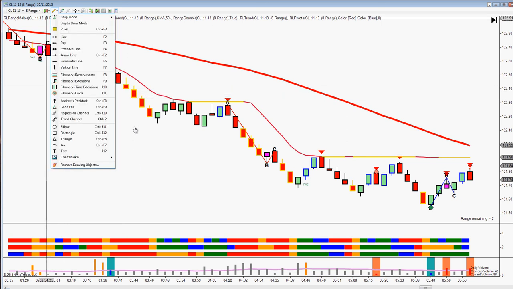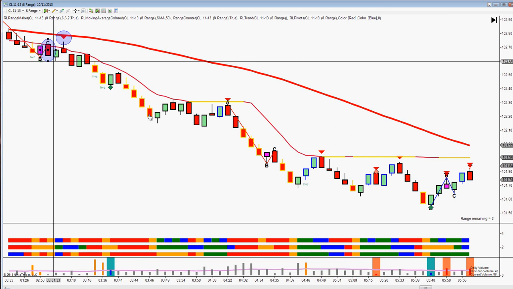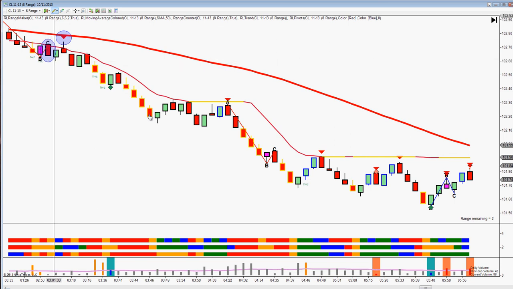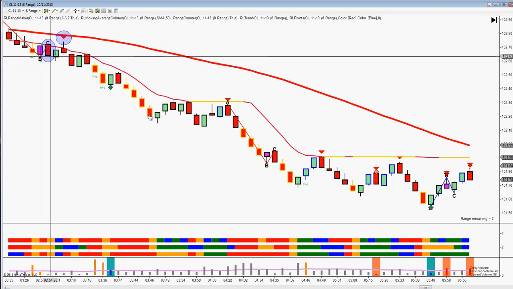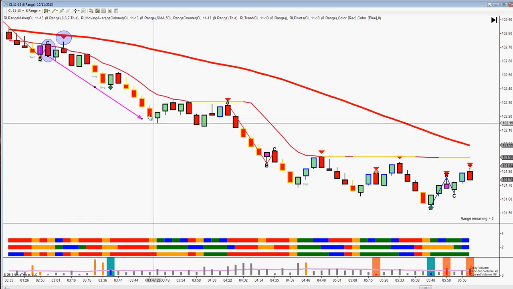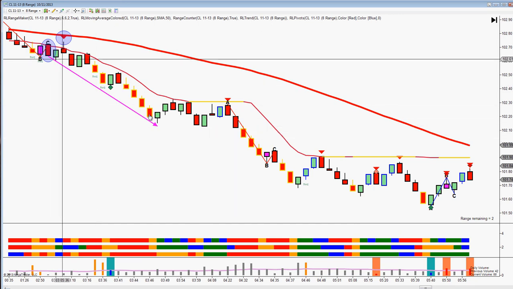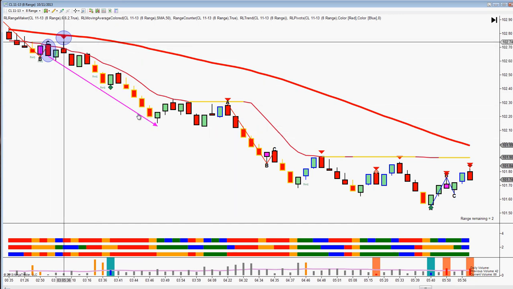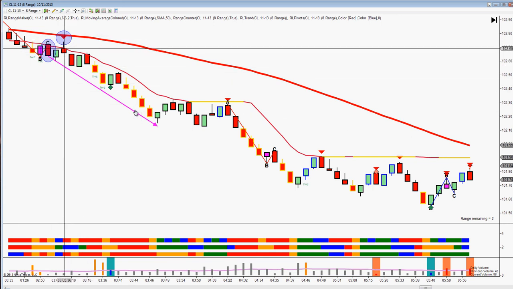Now, the fact is, you would have already been short in this move here, because here's your perfect C candle. And you'd have already have this move captured. But if for some reason you got ticked out of the trade here, then the power entry would have put you back in.